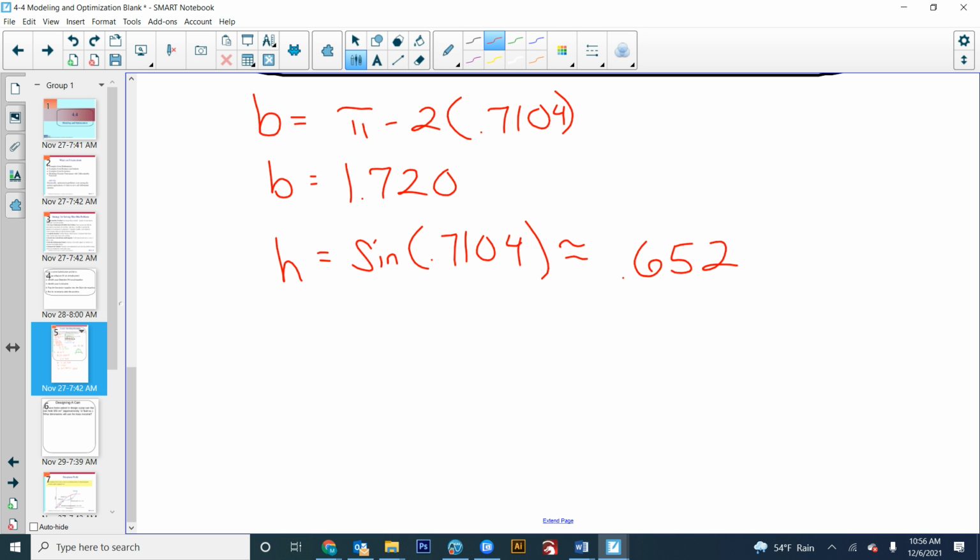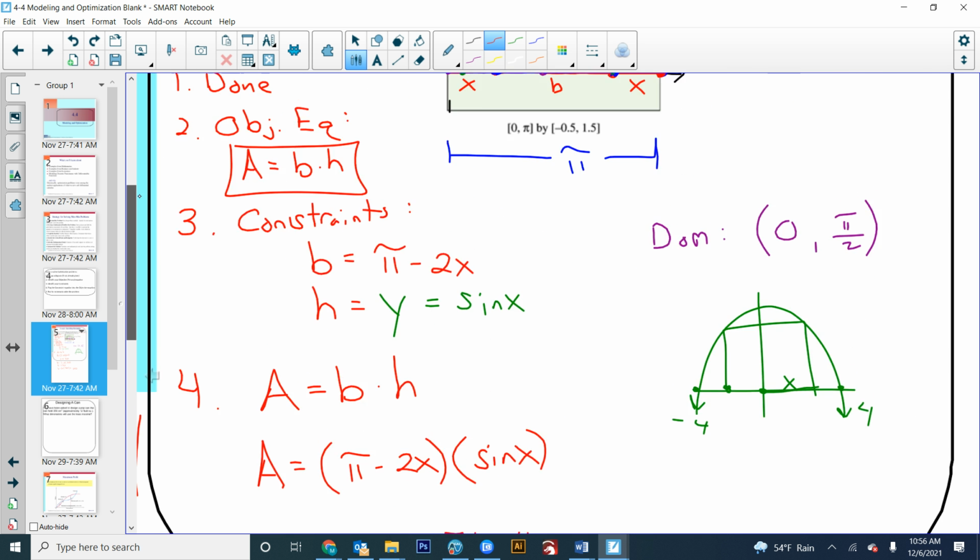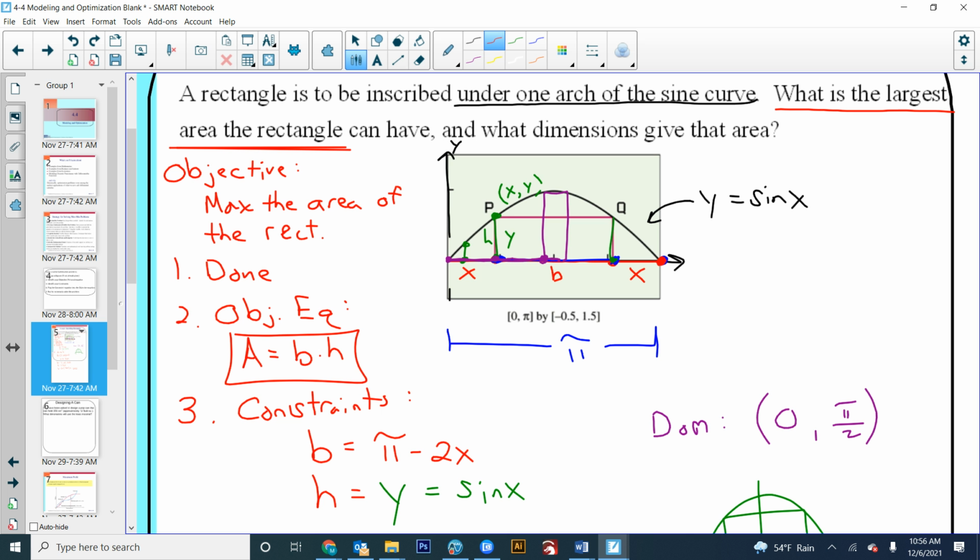Now, real quick, application. That's the whole point of doing this lesson. Ready? When that rectangle starts 0.7104 units from the origin, are you with me?